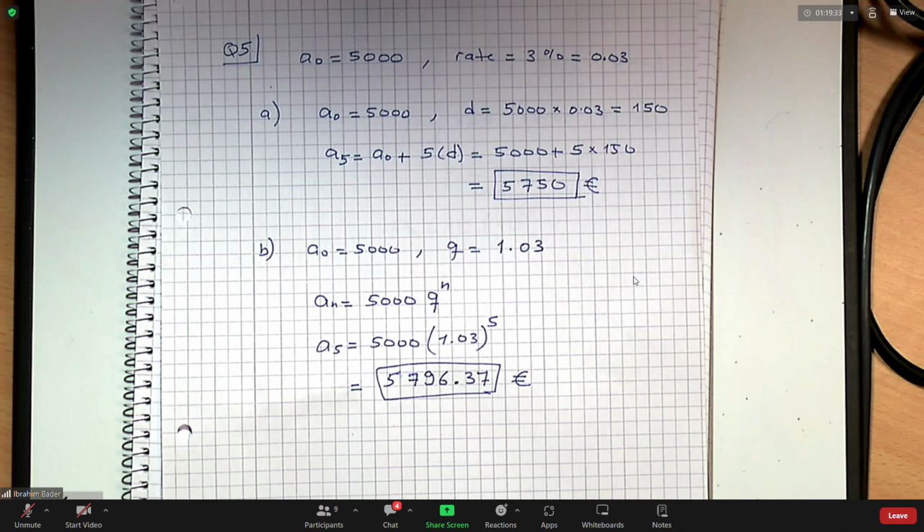Okay, so solutions for worksheet number 9 are already online. Just please compare them and let me know if you have any problem. Don't worry about this triangle at the end. It's meaningless.